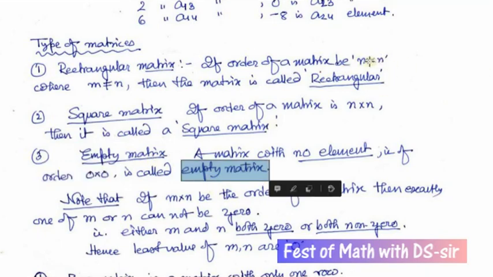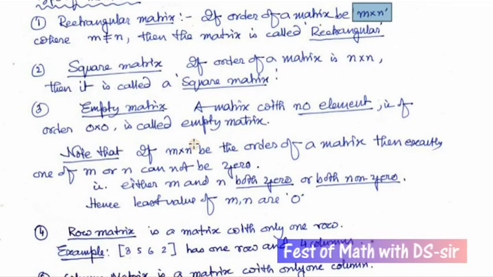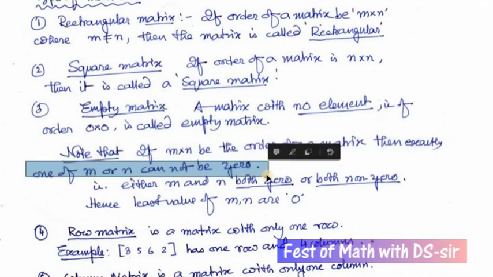So, from this definition, note that if m by n is the order of a matrix, the values of m and n can be 0. But note that there is no matrix whose number of rows is 0 and number of columns is non-zero. That is not possible. That's why exactly one of m and n cannot be 0.